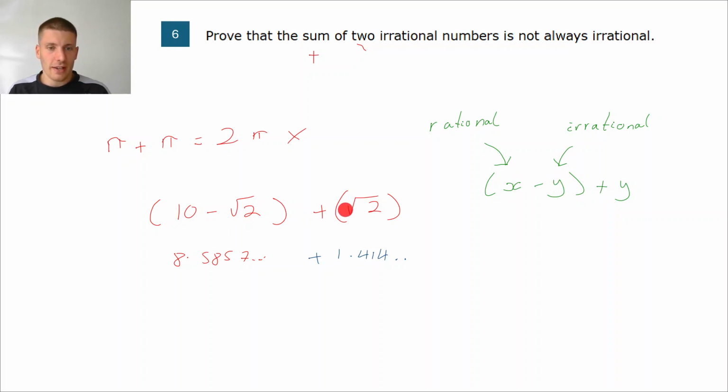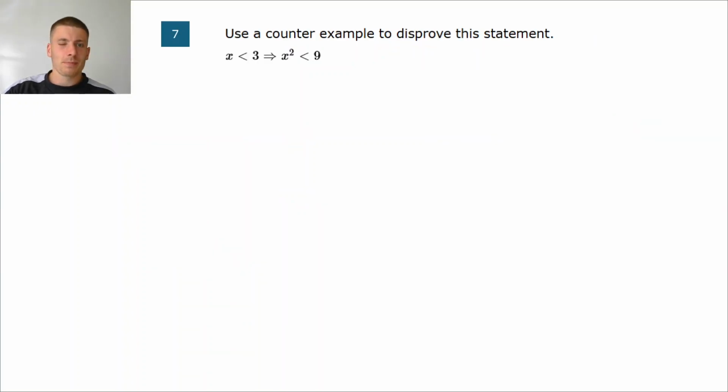Because again, the root 2's cancelled, and I was left with just that 10, which was good. It proved that this statement is not always irrational. Nice question. Very nice question. And again, this kind of thing just comes with practice. It does take a bit of time.